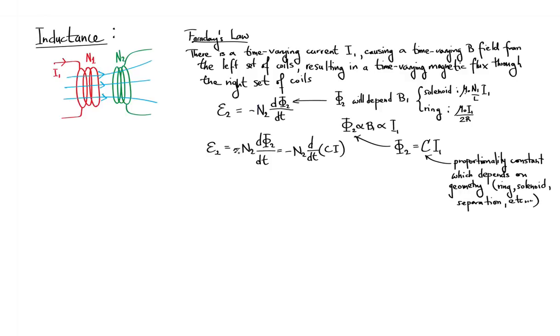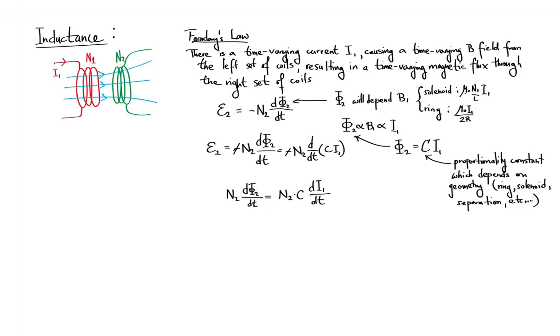Again, I'm going to cancel out these minus signs. So I get N2 d phi 2 dt is equal to N2 times C, this proportionality constant, times dI1 dt, right?